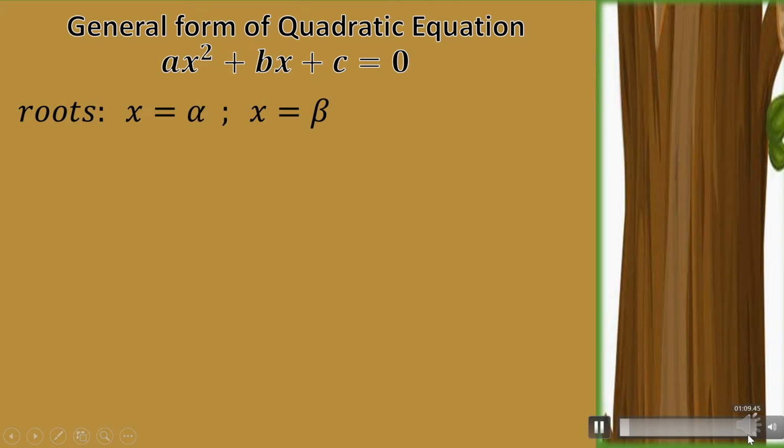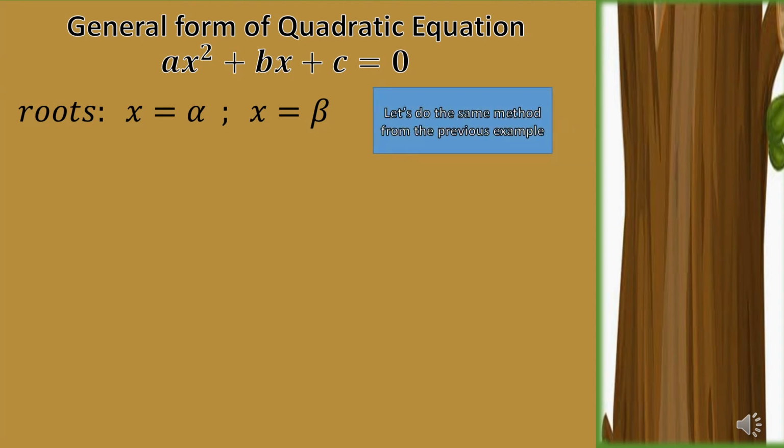If alpha and beta are the roots of the equation, then we can work backwards to generate the original equation. A quadratic equation with two solutions, x equals alpha and x equals beta, is (x minus alpha)(x minus beta) is equal to 0.